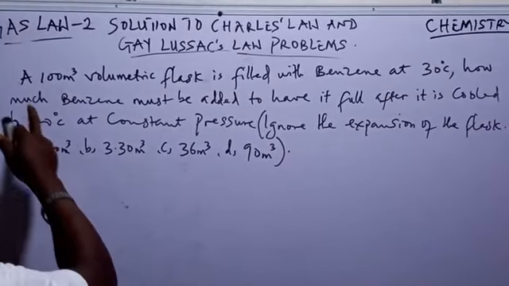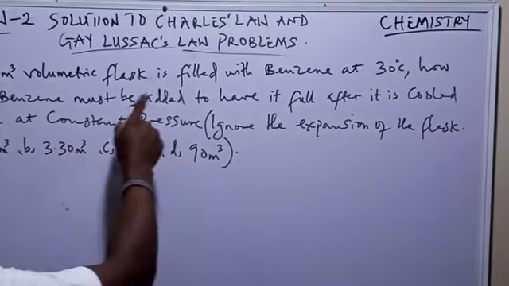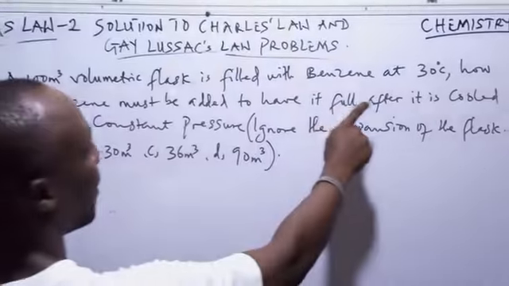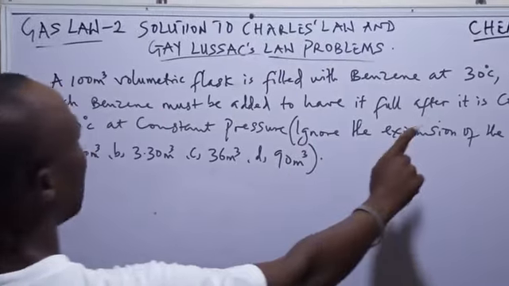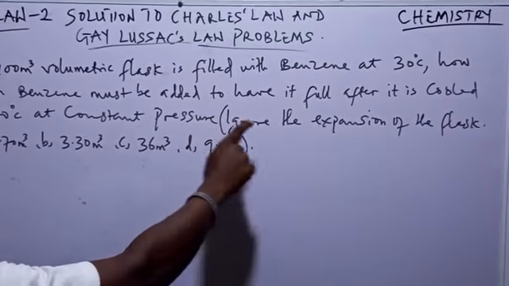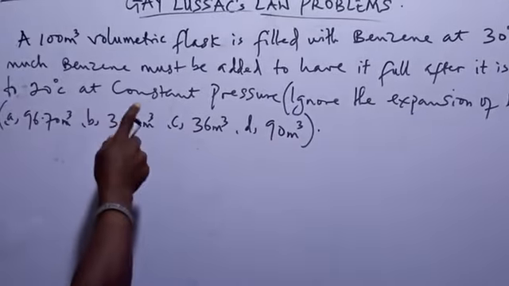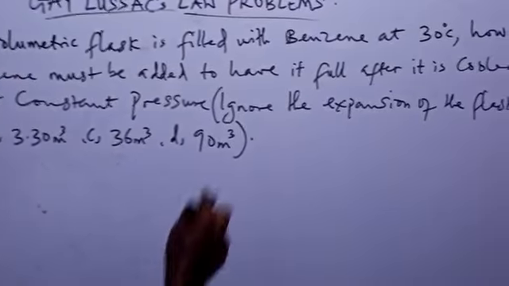It states that a 100 cubic meter volumetric flask is filled with benzene at 30 degrees Celsius. How much benzene must be added to it to have it full after it is cooled to 20 degrees Celsius at constant pressure? It says to ignore the expansion of the flask.